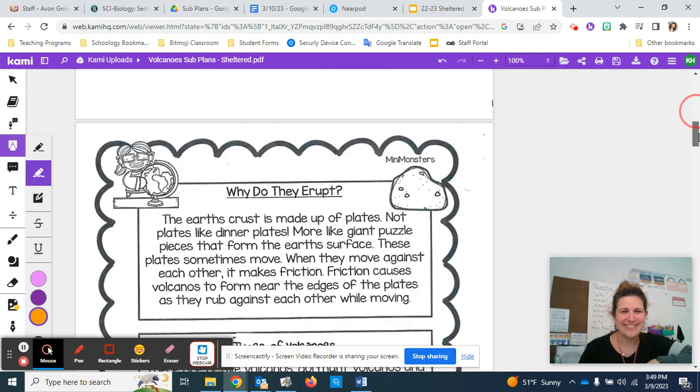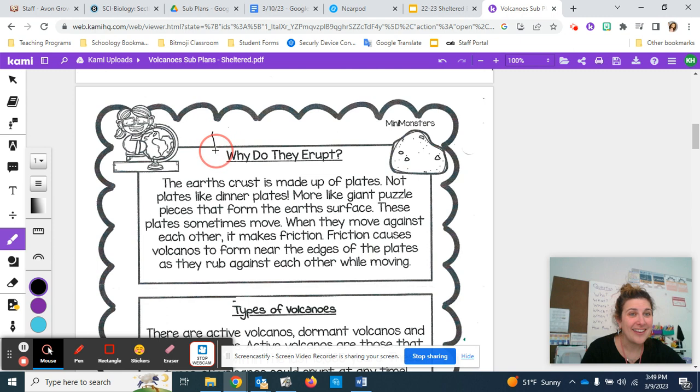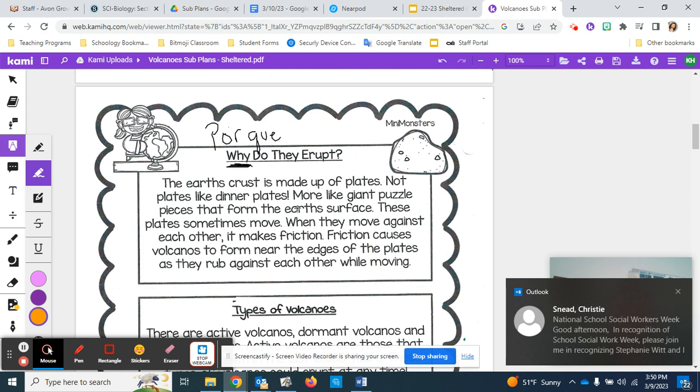Next, why do they erupt? ¿Qué significa why? ¿Por qué? Why do they erupt? The Earth's crust is made up of plates, not like dinner plates, placas tectónicas, more like giant puzzle pieces that form Earth's surface.